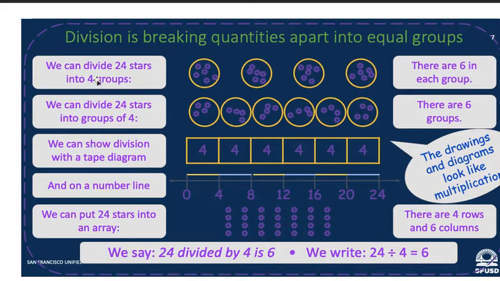For example, 24 stars into 4 groups. If you see an equation like that, 24 divided by 4, you know there are 4 equal groups.